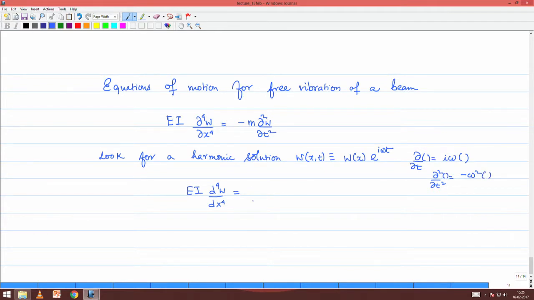So, here, because of two time derivatives, you are essentially going to get a product of m omega square, and the minus sign will cancel with the minus sign sitting here. So, m omega square w is what you will get. So, ∂²w/∂t² is minus omega square w, if you wish to call it that way. So, this is the equation that we need to solve.